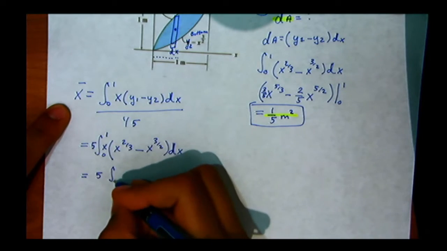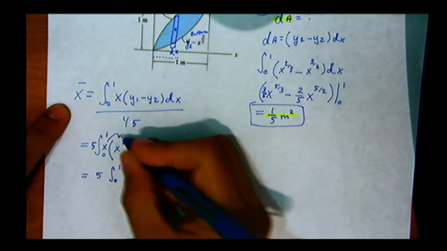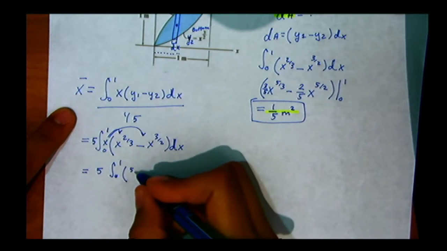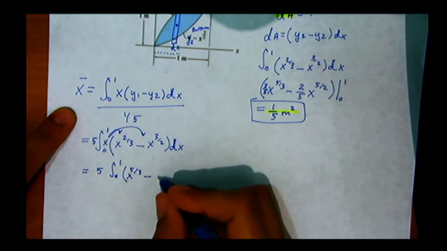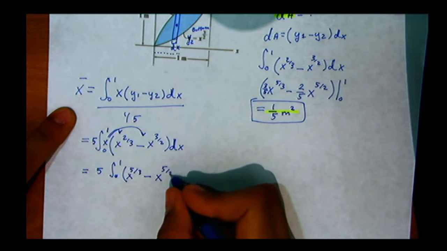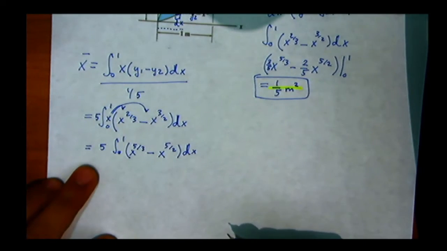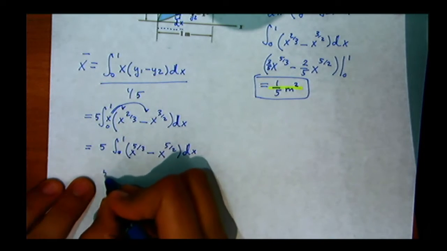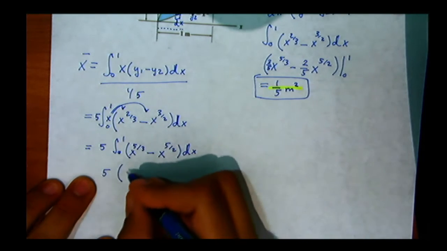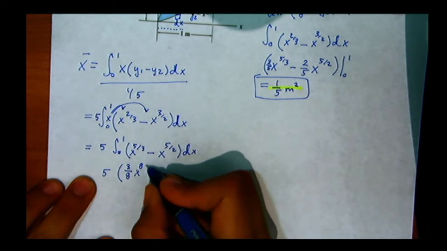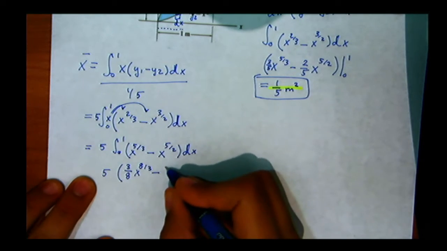And now we're doing the whole thing. 3/8 thirds minus (2/7)x^(7/2) from 0 to 1. End up with 25 over 26 meters.